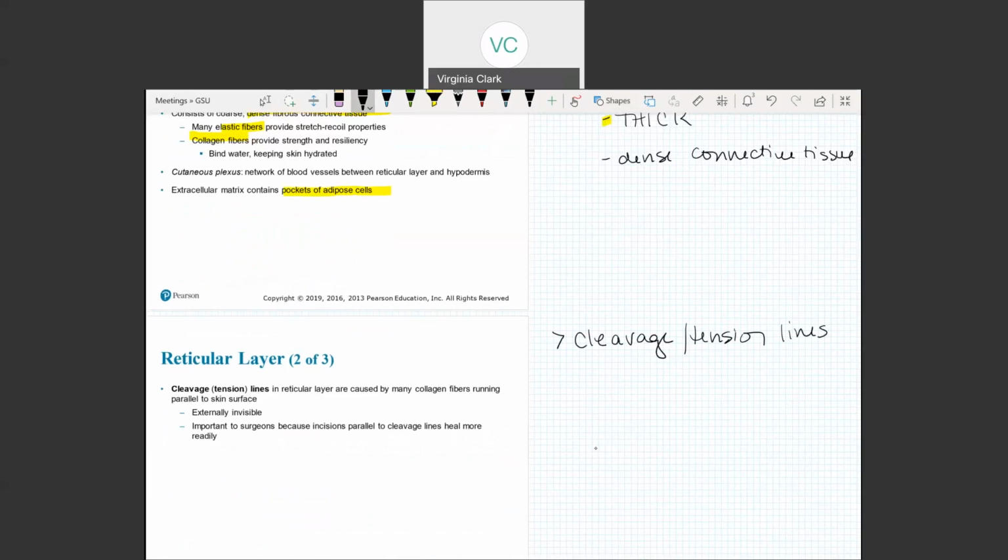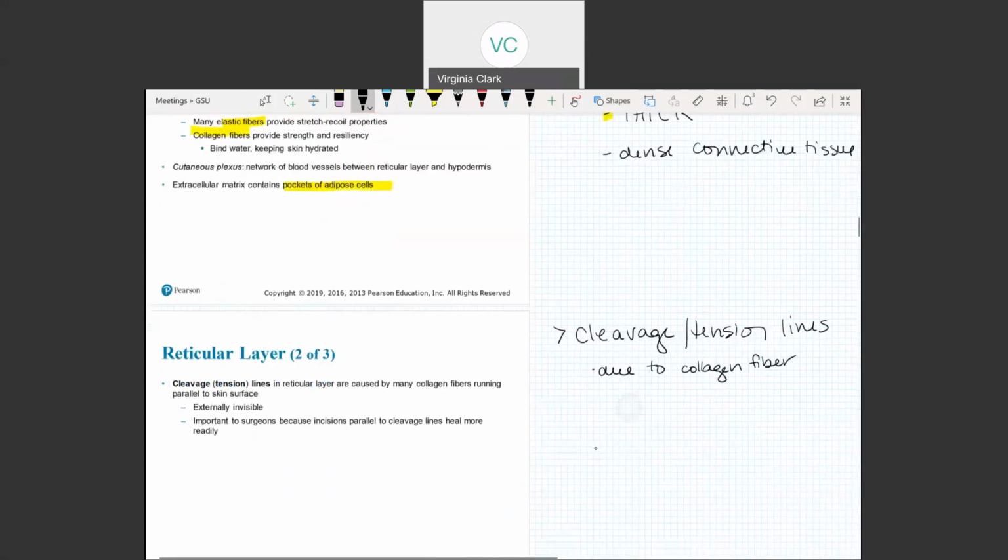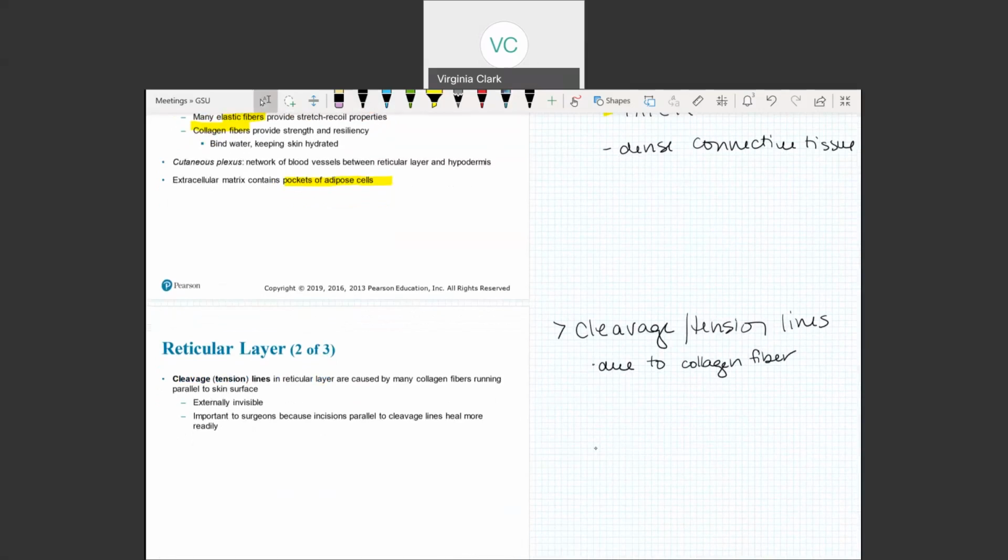These tension or cleavage lines are going to be due to collagen fibers running in a specific direction. Your collagen fibers in a dense regular connective tissue run in the same direction, or if you have a dense irregular connective tissue, they run in different directions. But this is going to be collagen fibers running in the same direction, specifically parallel to the skin surface.